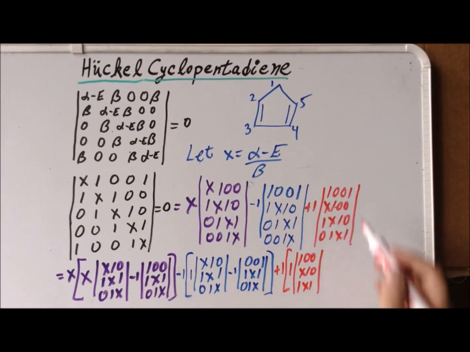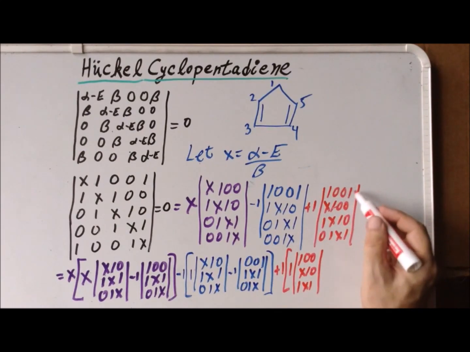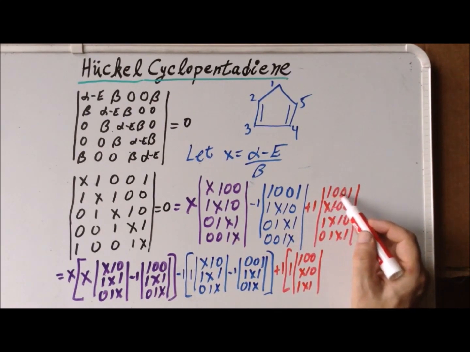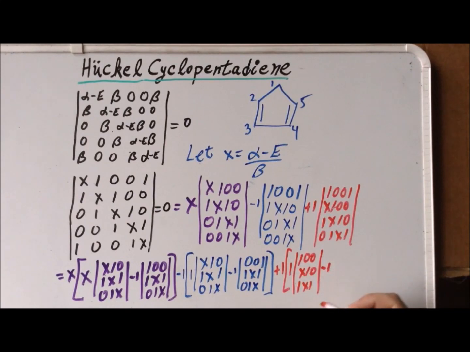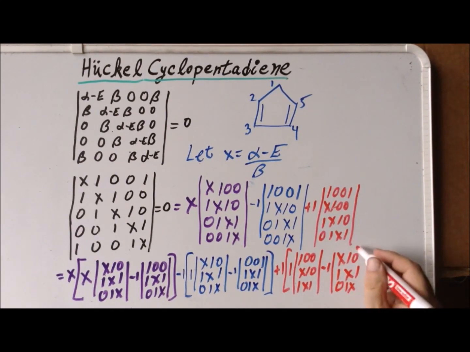And our last coefficient is going to be a minus 1, plus minus plus minus. So we have a minus 1 there. And now we have expanded the red 4 by 4 determinant as a series of red 3 by 3 determinants.